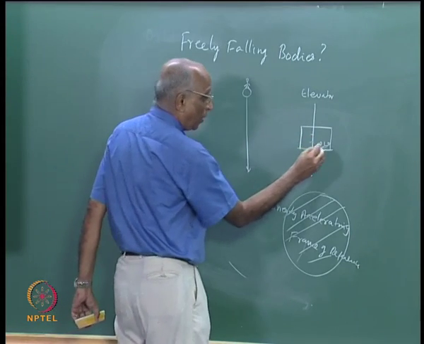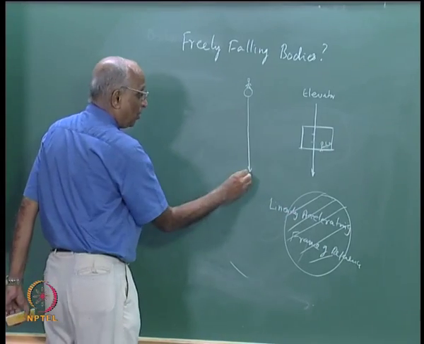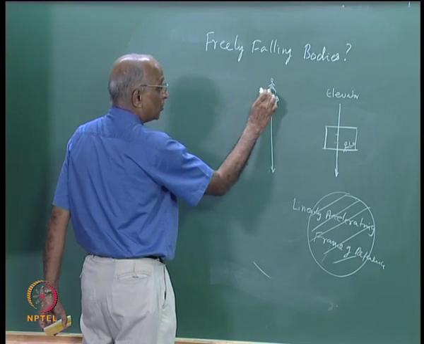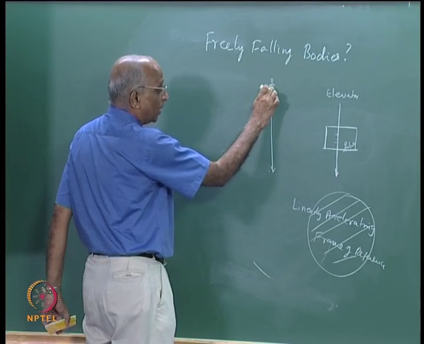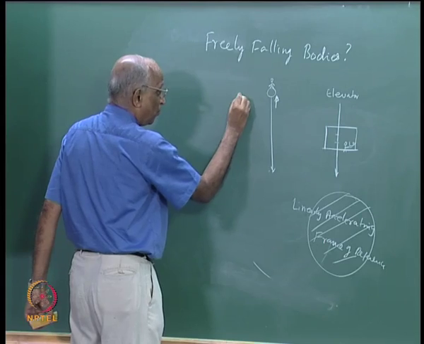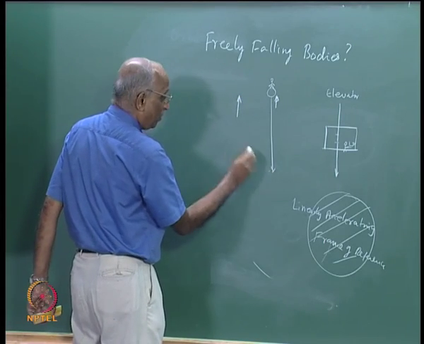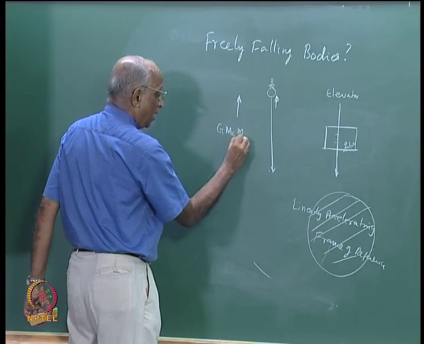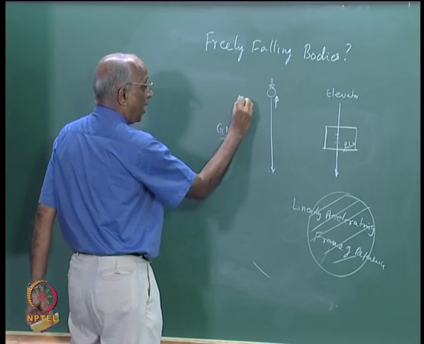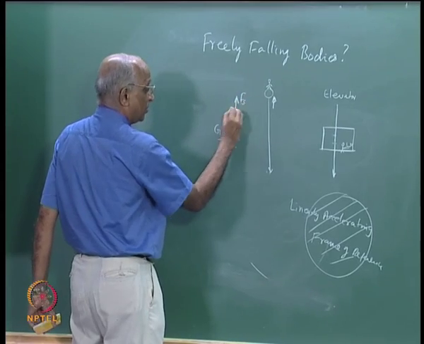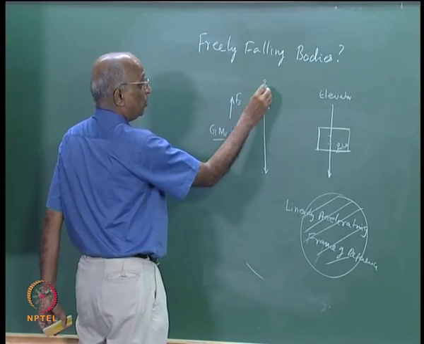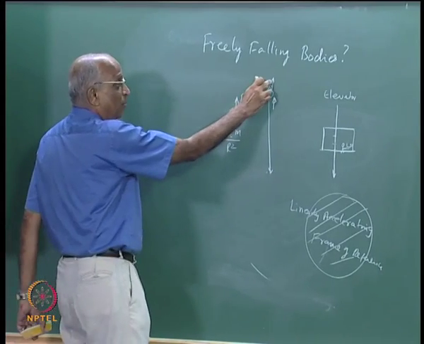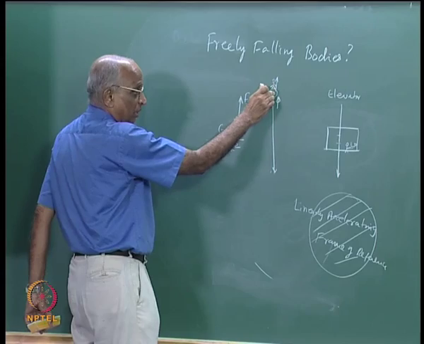Maybe the stone is freely falling, I have to put some force here, because for me I am not moving at all, therefore I have to put a pseudo force opposite to the attractive force of the earth. Attractive force of the earth is G Me m by r square, and I have to put a pseudo force here which is equal to this, and the moment I put a pseudo force over here, my motion is taken care of.